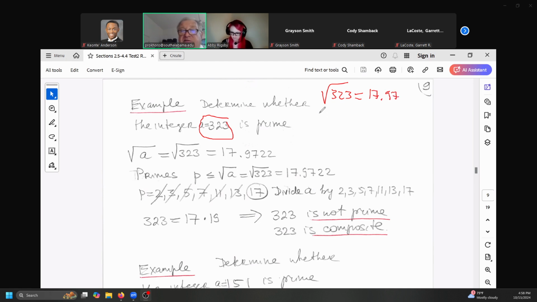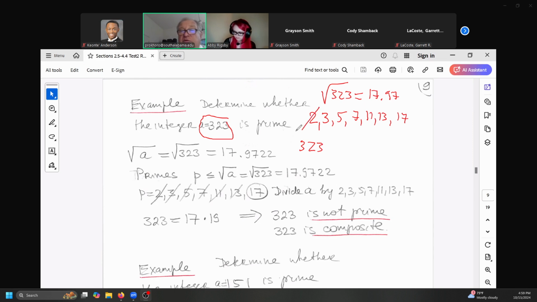And then I am writing all prime numbers, starting from 2, up to the largest below 17.97. So what are we writing? 2, 3, 5, 7, what else? 11, 13, 17.